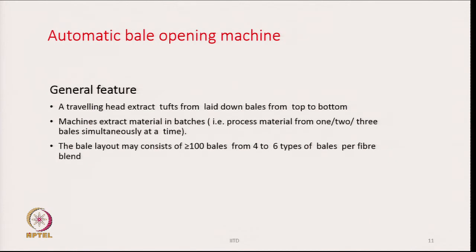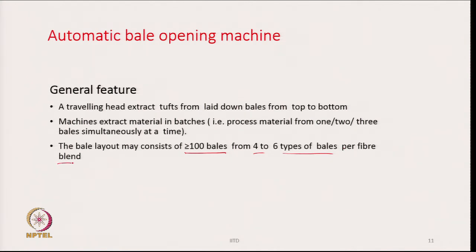The machine extracts material in batches and processes the material from 1, 2, 3 bales simultaneously at a time, and therefore we get very good mixing of tufts in the automatic bale opening machines. The bale layout may consist of more than 100 bales from 4 to 6 types of bales per fiber blend.